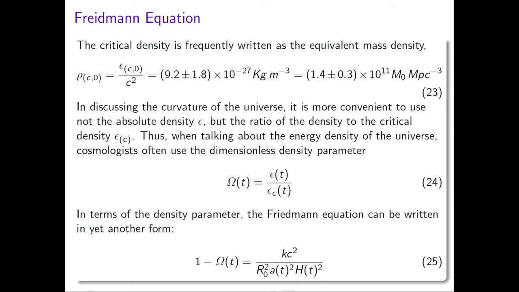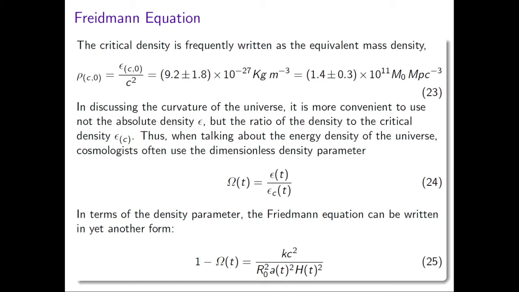The value of the density parameter ranges from 0.1 to 2. So this is the upper and lower limit of the density parameter.